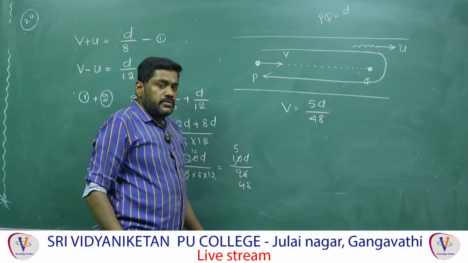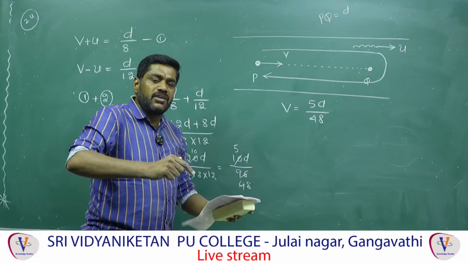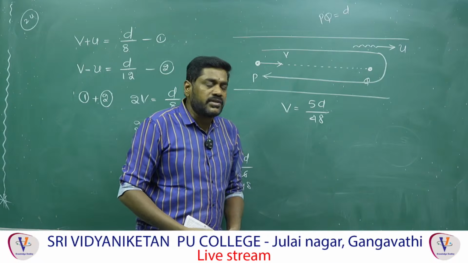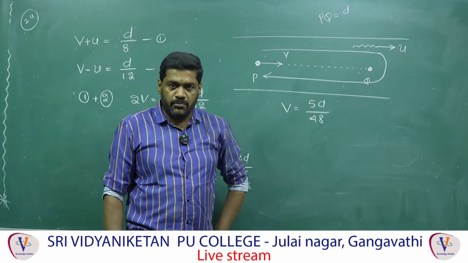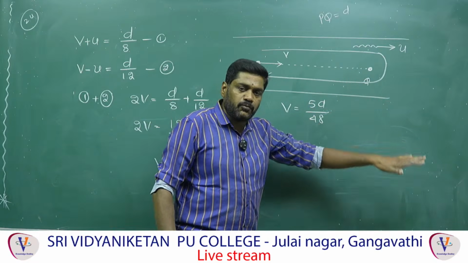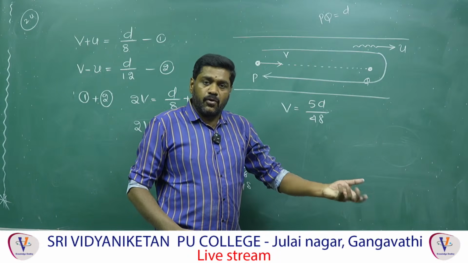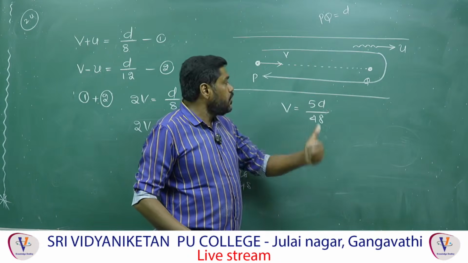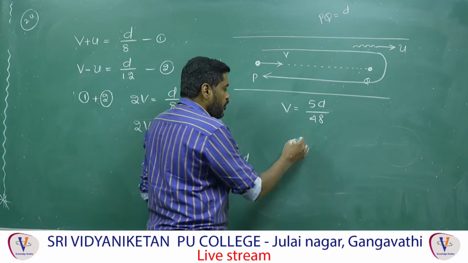Correct? They are asking what is the time taken by the boat in still water? What is the meaning of still water? For still water, U is equal to 0, the water is not flowing. Actually, in this case the water is flowing. But what is the time taken by the boat to come from P to Q in still water?